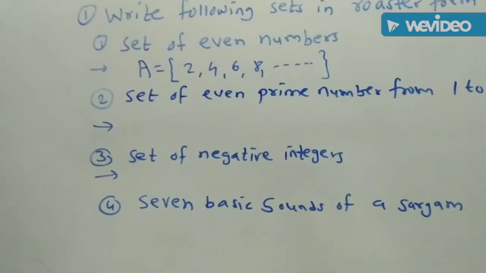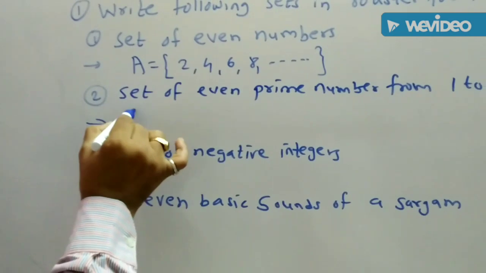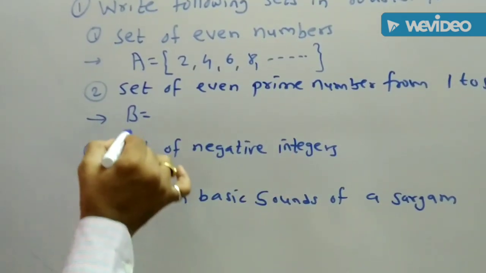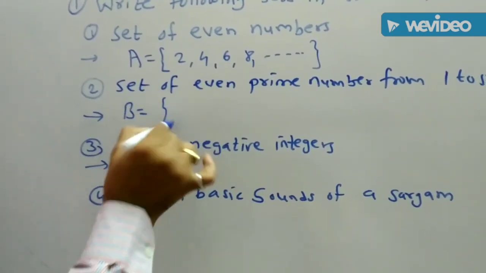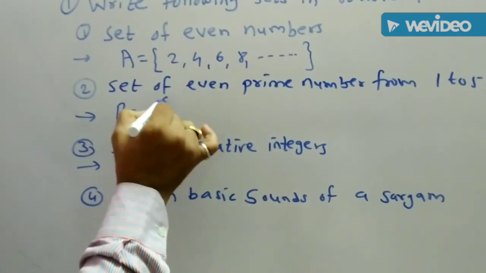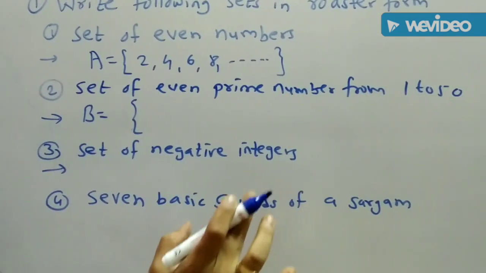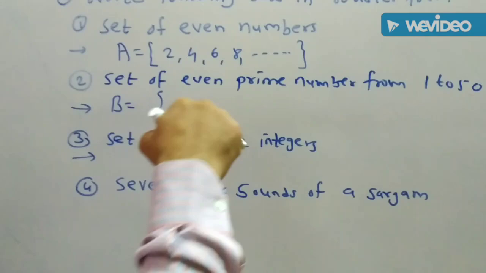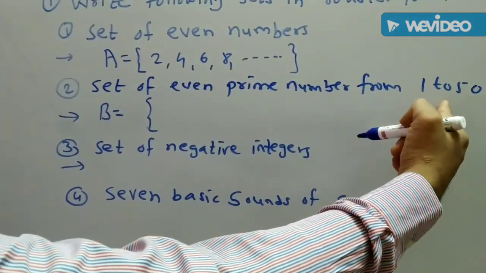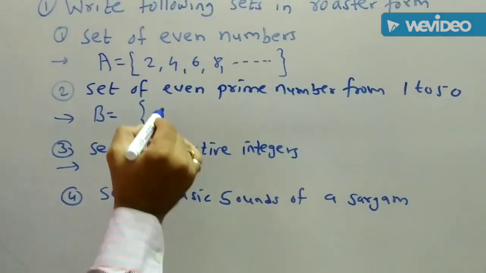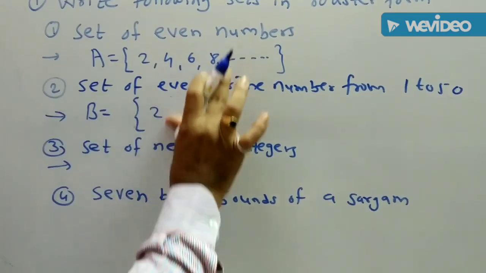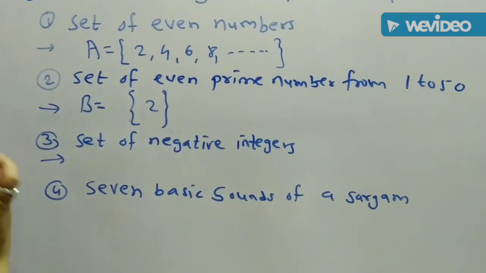This is the set of even numbers. Then the set of even prime numbers, I give the name as B. Now we have to write all the even prime numbers from 1 to 50, and there is only one even prime number from 1 to 50, that is 2.